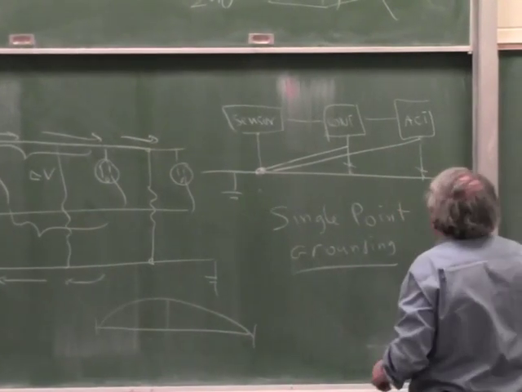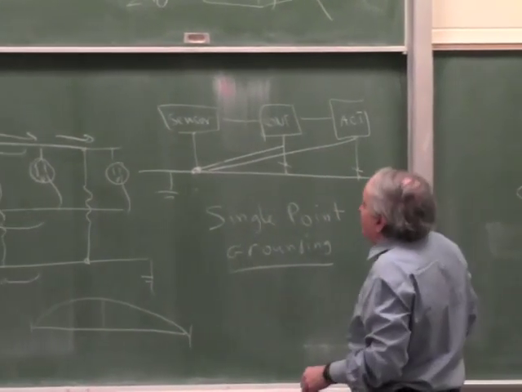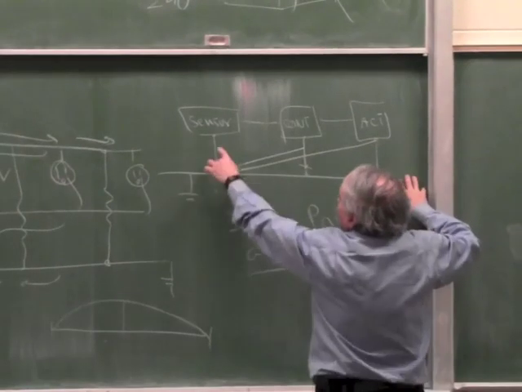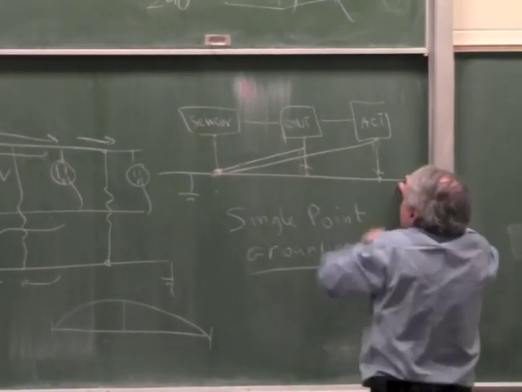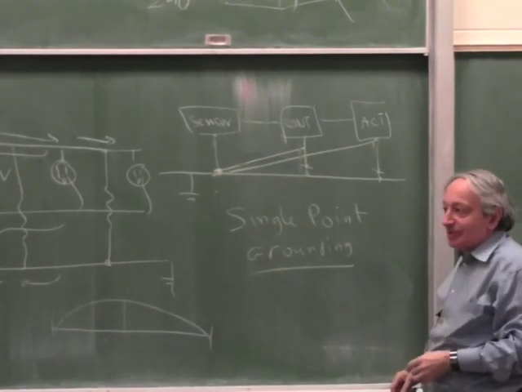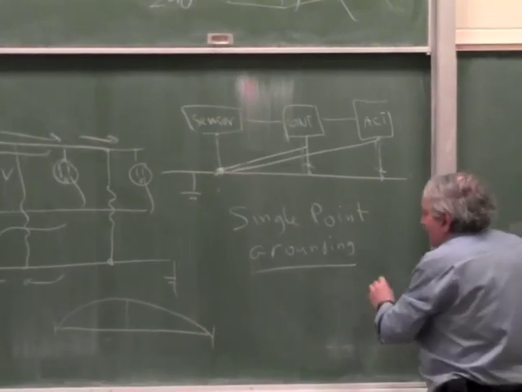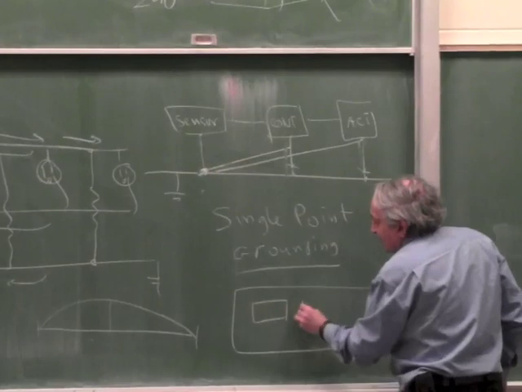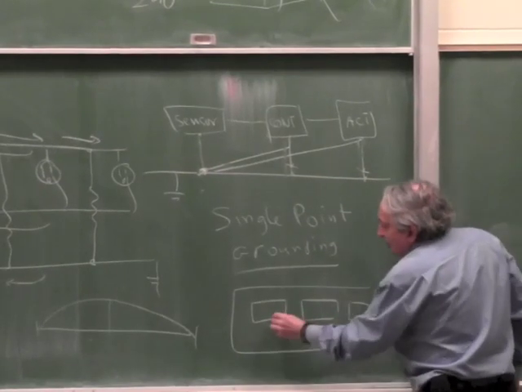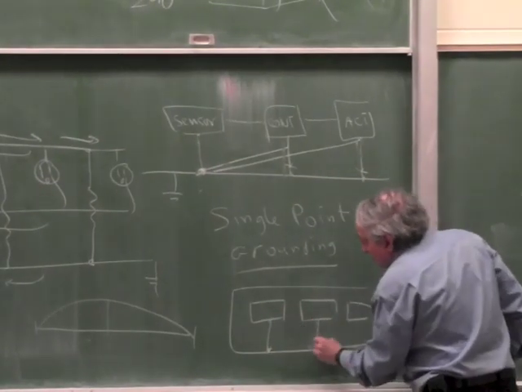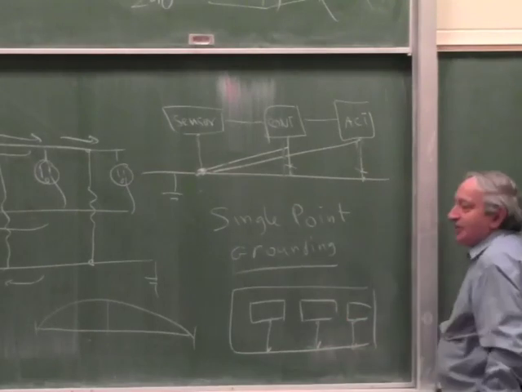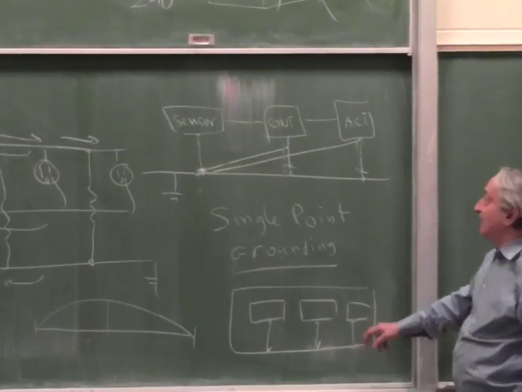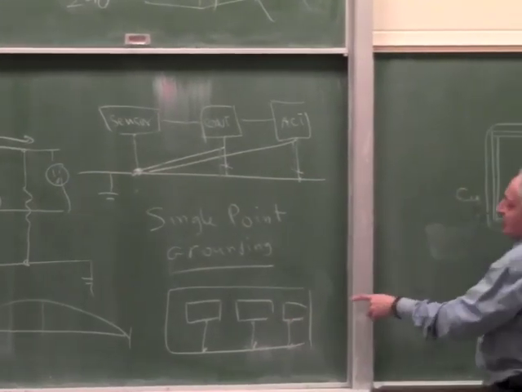Okay, so another style of grounding is, especially if you have a big metal enclosure, ground everything to the metal in the nearest path possible. So let's say you have a big metal case and you have all kinds of boxes inside. You ground each box to the nearest path possible, and this is called RF style grounding or multi-point grounding.